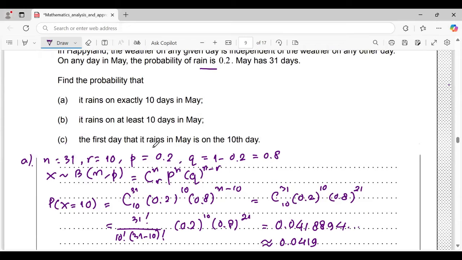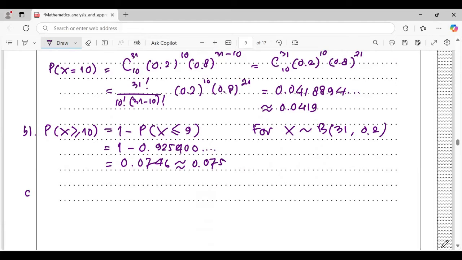The first day that it rains in May is on the 10th day. It means n equals 10 because it's on the 10th day. So identify first that n equals 10, r equals 1, and the probability equals 0.2. The formula is 1 minus p power n minus r, multiplied by p.